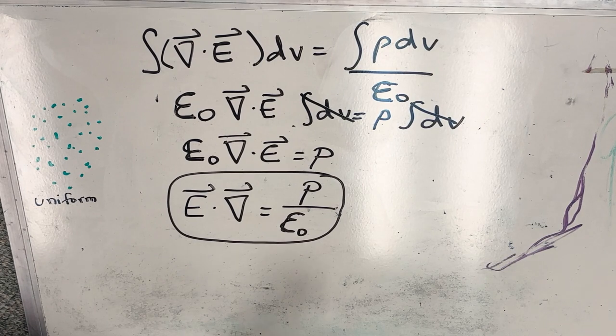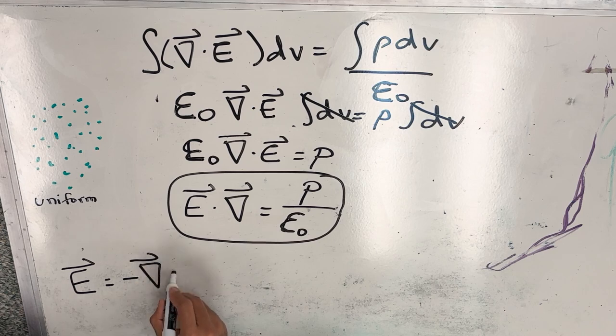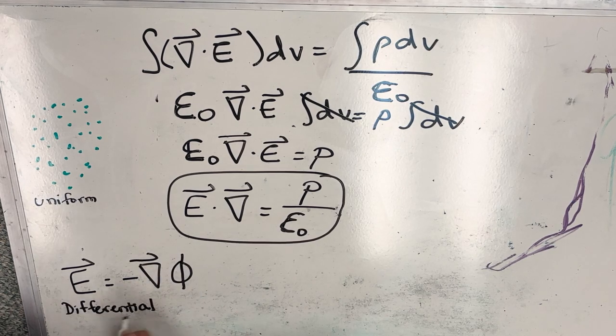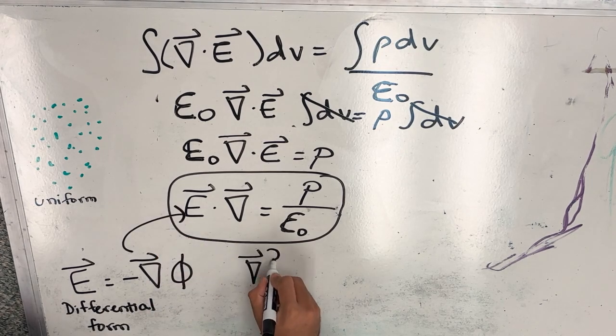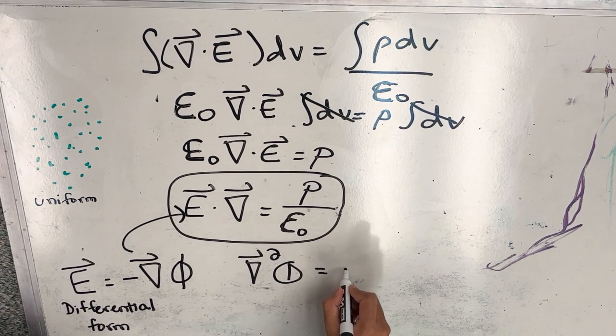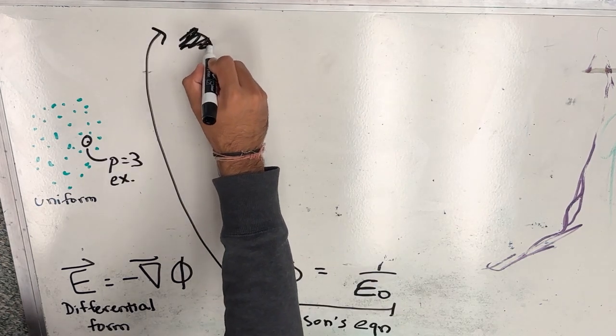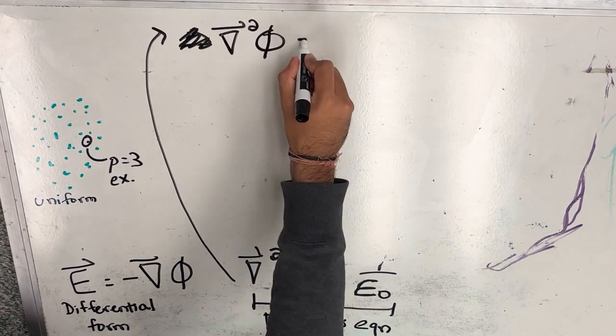Now, to simplify that, I'm going to use one of Gauss's other laws, which says that the electric field vector equals the negative del operator times the electric potential of the electric field. I'm going to substitute that in for the electric field vector, and now I'm left with the Laplacian operator times the potential equals the negative charge density over epsilon naught.